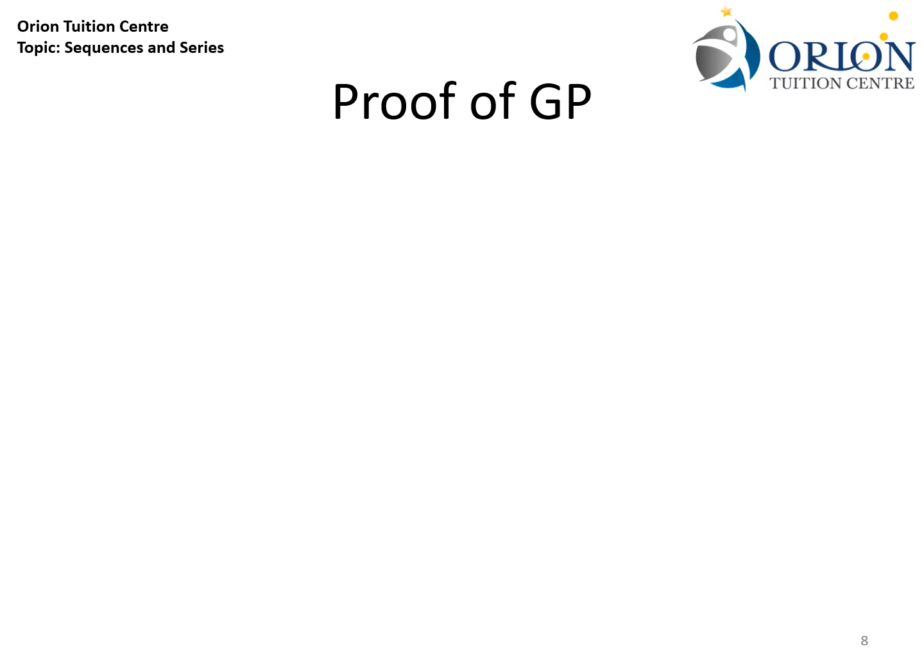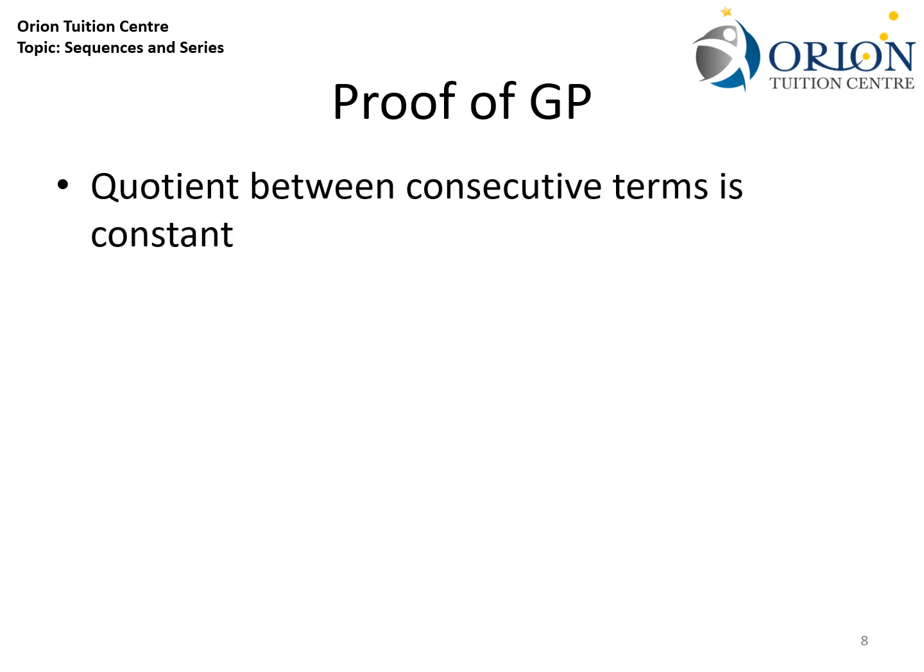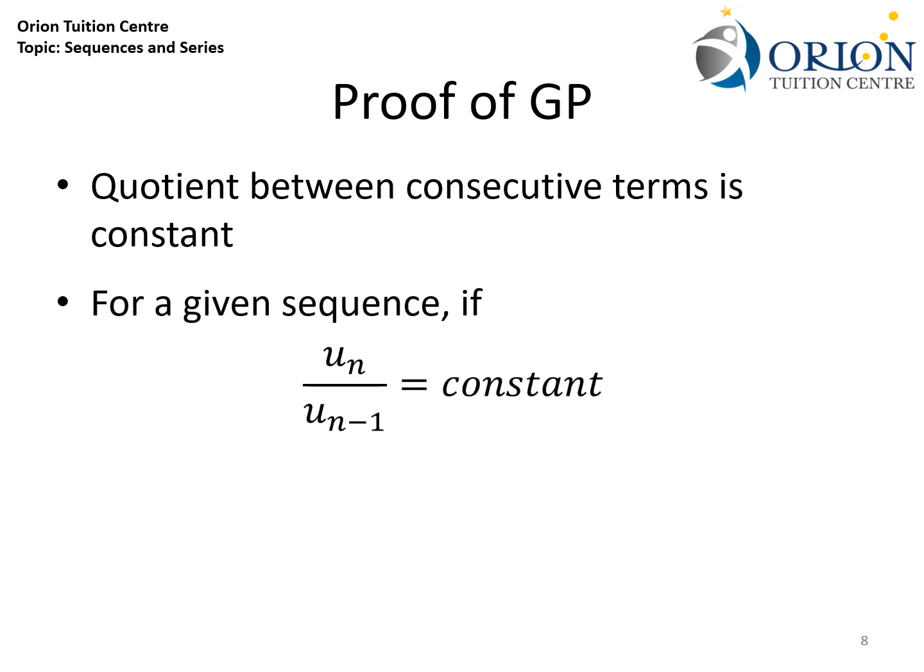As with an AP, sometimes we are required to prove that a certain given sequence or series is a GP. To prove so, we have to make use of the property of a GP. That is, the ratio between consecutive terms is a constant. Thus, for any given sequence un, we simply have to find un minus 1 and the ratio between them.